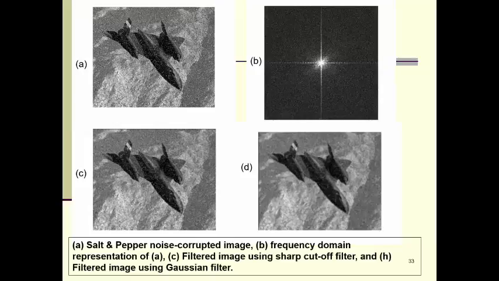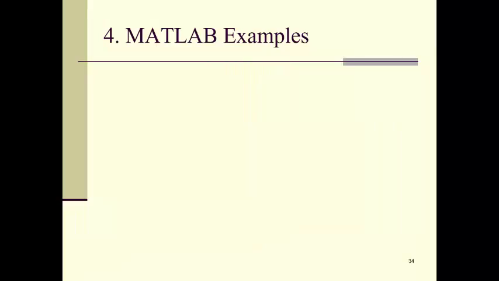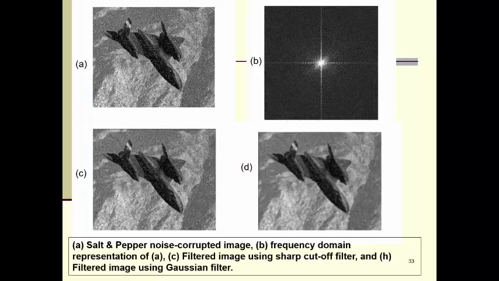This is the same thing here, but instead of applying Gaussian noise, here we are applying salt and pepper noise in image A. This corresponds to the transform of the image using the fast Fourier transform, which is represented in image B. Then C is again the result of filtering the image using the sharp cutoff and using the Gaussian distribution, the Gaussian smoothing image.